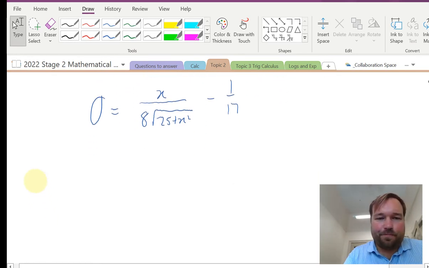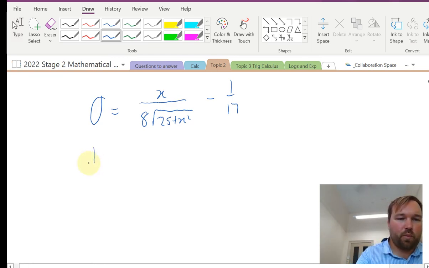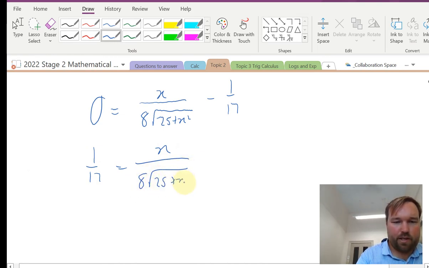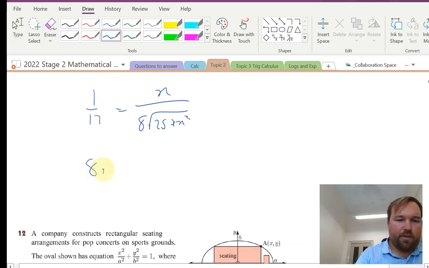Alright. Let's be honest, calculator is probably an excellent shot here. If you want to skip the next minute to 5 minutes of the video, by all means grab a calculator. Otherwise, let's try a shot at this. 1 on 17 equals x on 8 root 25 plus x squared. Let's try cross multiplying.